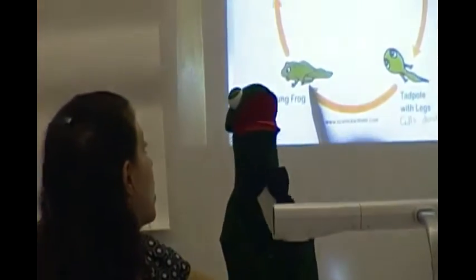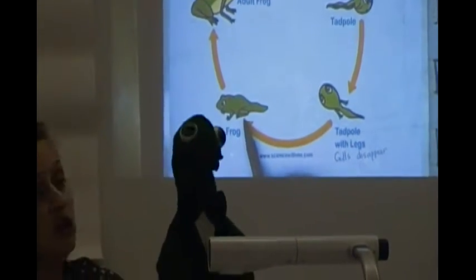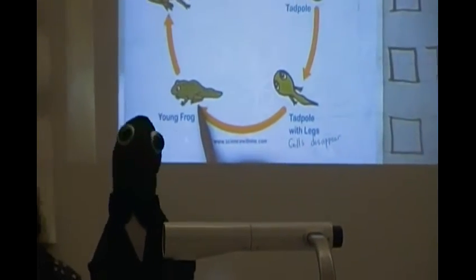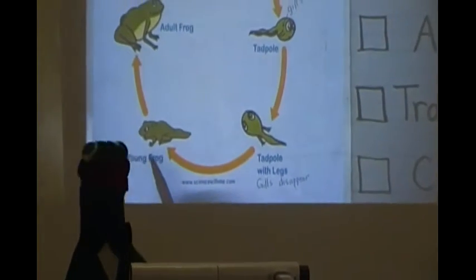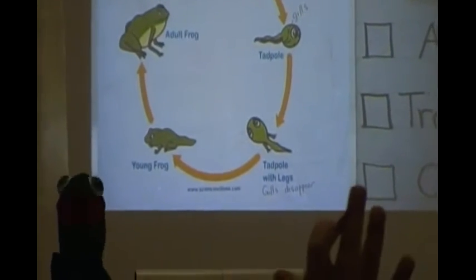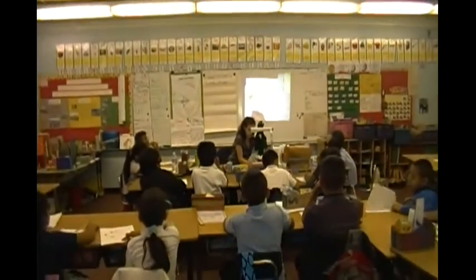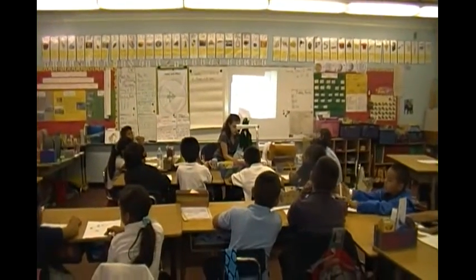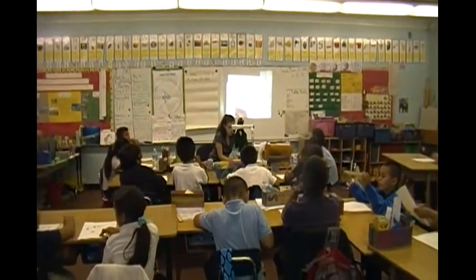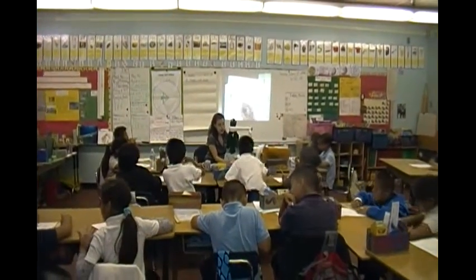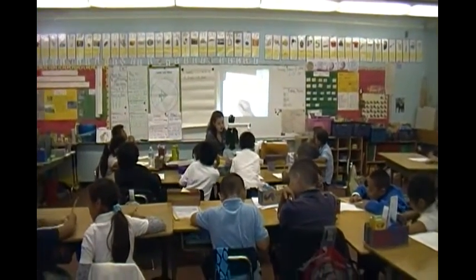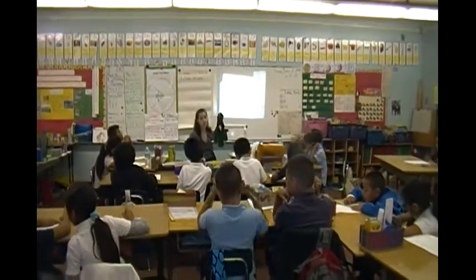Then we come over here, and what is this stage? What should we have labeled this stage? It's a young frog, but what word did we learn for it? So make sure you labeled it froglet. And you labeled that it has a little tail. Little tail.